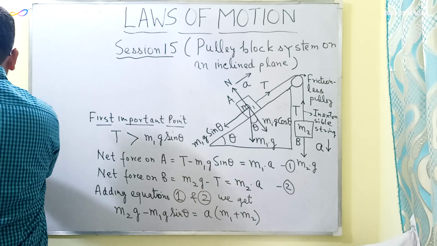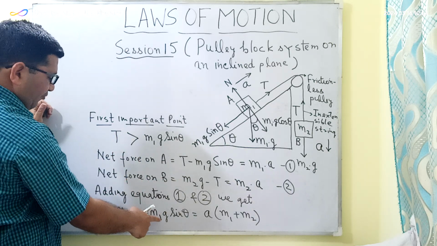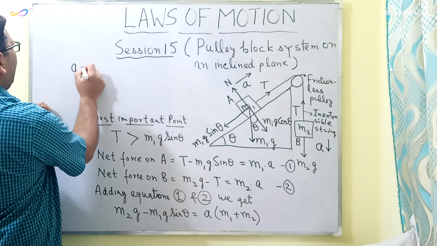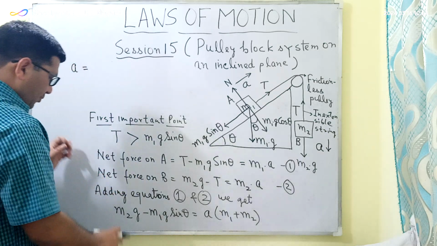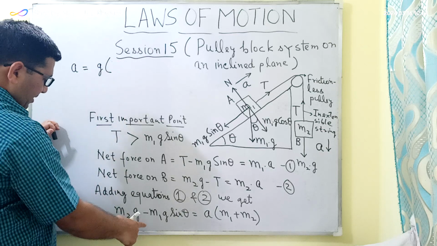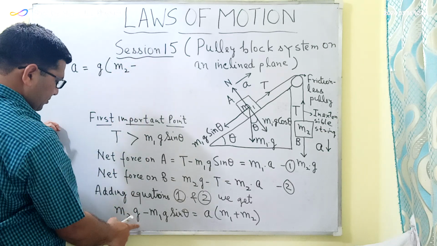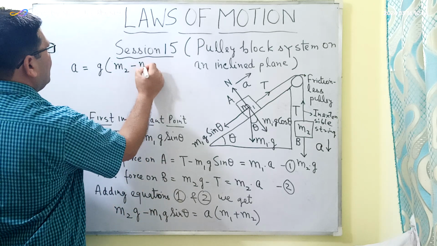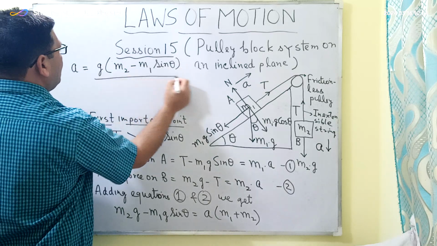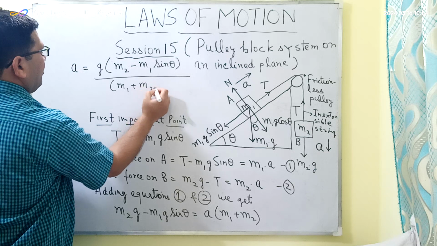So finally I am getting this equation, that is m2g minus m1g sine theta is equal to a times m1 plus m2, or a, that is the common acceleration, will be equal to, here g is common, so I will be taking g as common, and I will be getting m2 minus m1 sine theta divided by m1 plus m2.